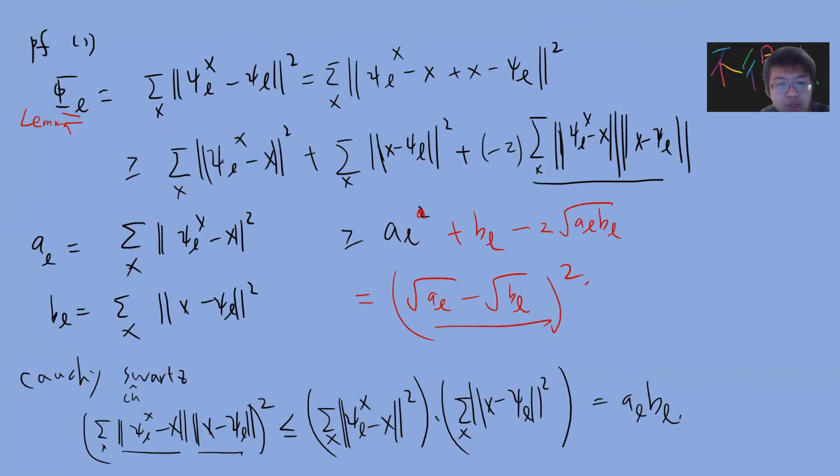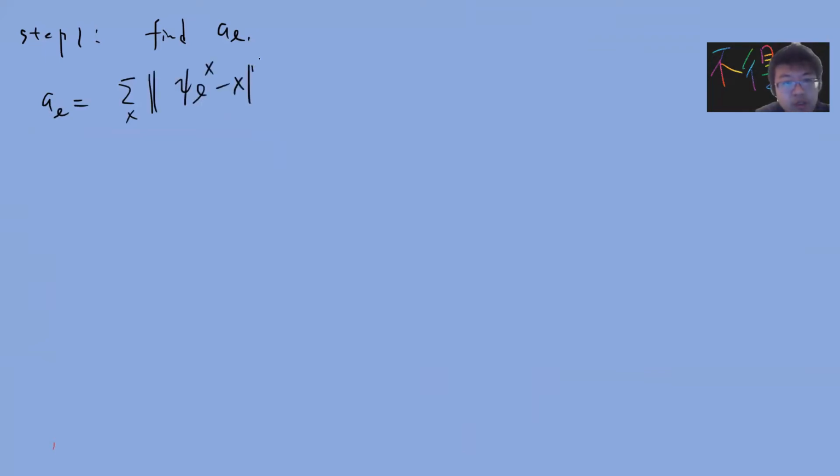So the next thing we want is to find this AL and BL. We want to find these two terms, and once we are done, then we should be able to use this expression. So step one is to find AL. So let me just write AL. AL is the summation of x, psi L x minus x squared.